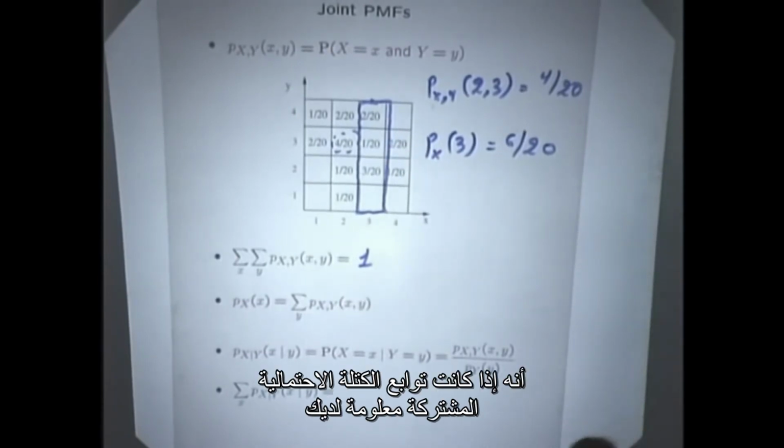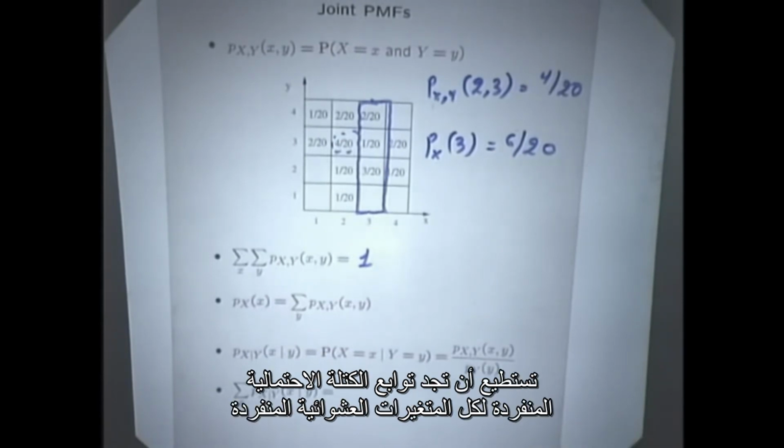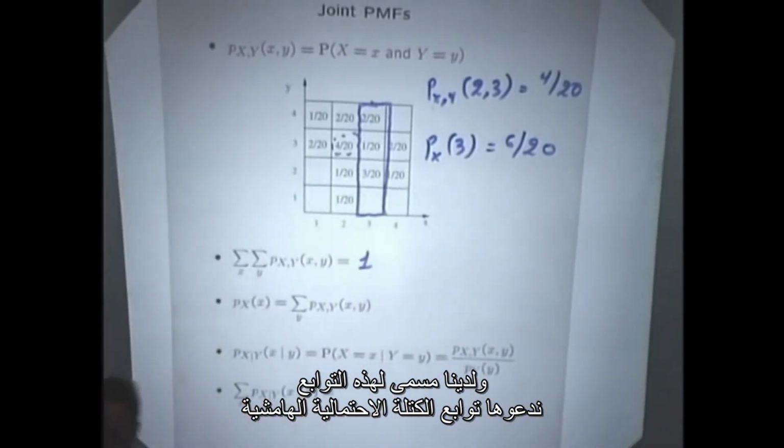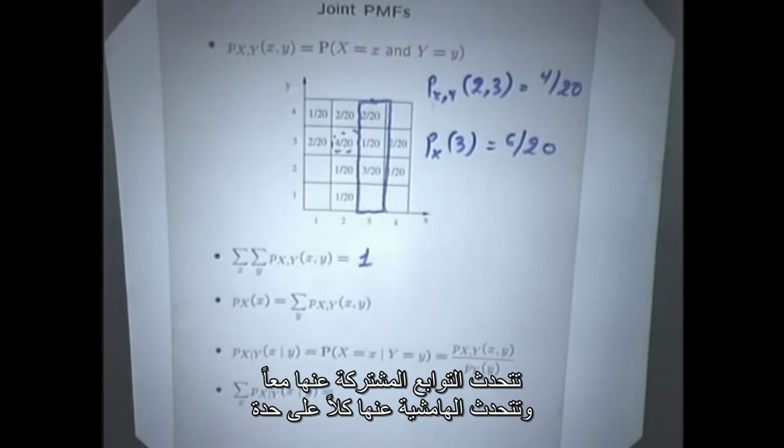The moral of this example is that if you know the joint PMFs, then you can find the individual PMFs of every individual random variable, and we have a name for these. We call them the marginal PMFs. We have the joint that talks about both together, and the marginal that talks about them one at a time.